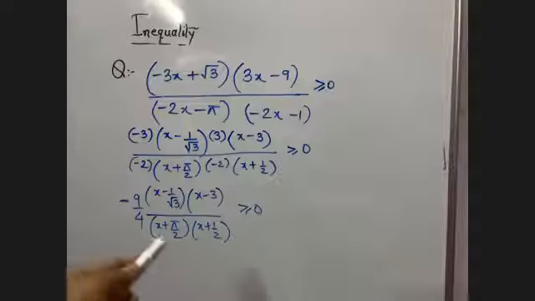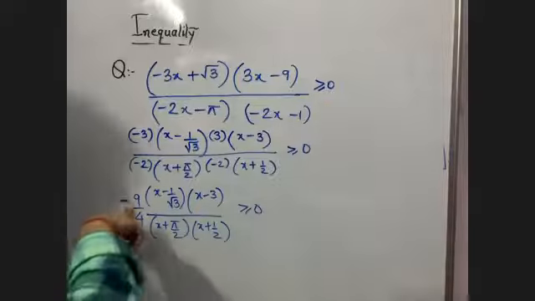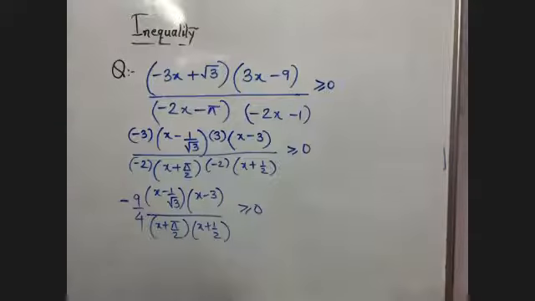I have written it. Now, I have told you a positive number has no effect on the inequality. There is a negative sign. If I multiply by a negative sign, the inequality will reverse.